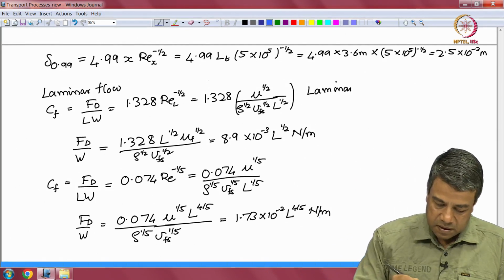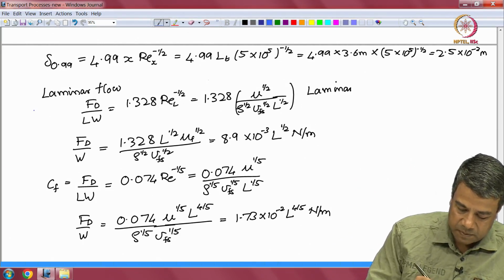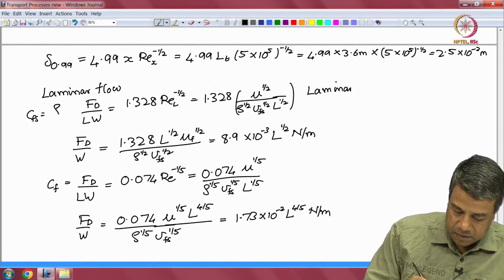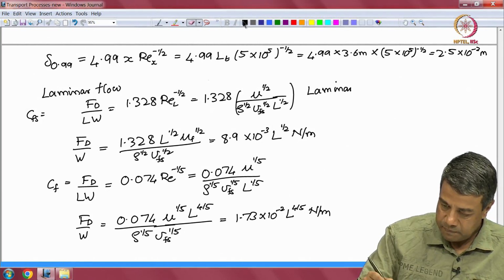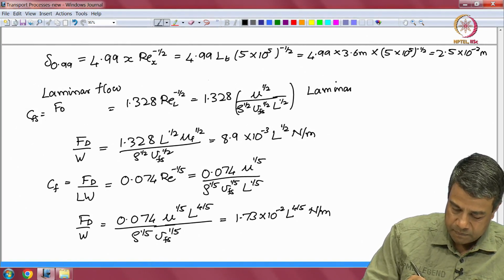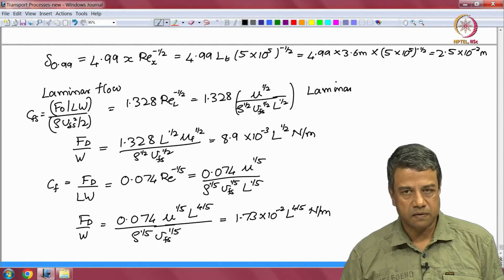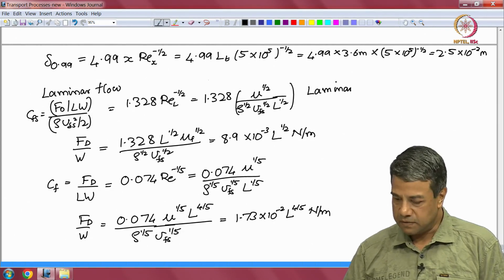In this case, the skin friction coefficient is not actually Ft; you have to multiply it by rho. That is the actual skin friction coefficient. So, that is the relation for the skin friction coefficient.